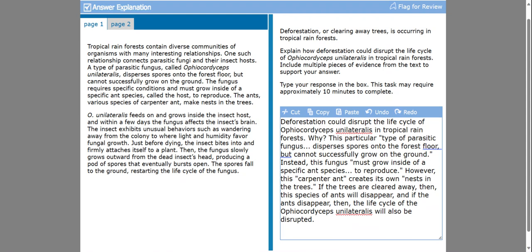Just before dying, the insect bites into and firmly attaches itself to a plant. Then the fungus slowly grows outward from the dead insect's head, producing a pod of spores that eventually bursts open. The spores fall to the ground, restarting the life cycle of the fungus.